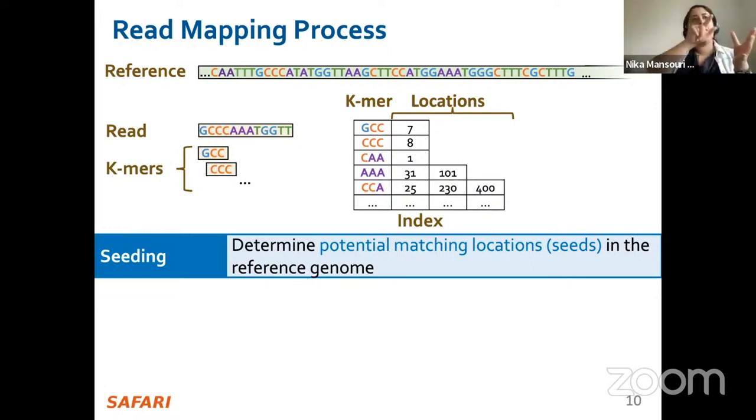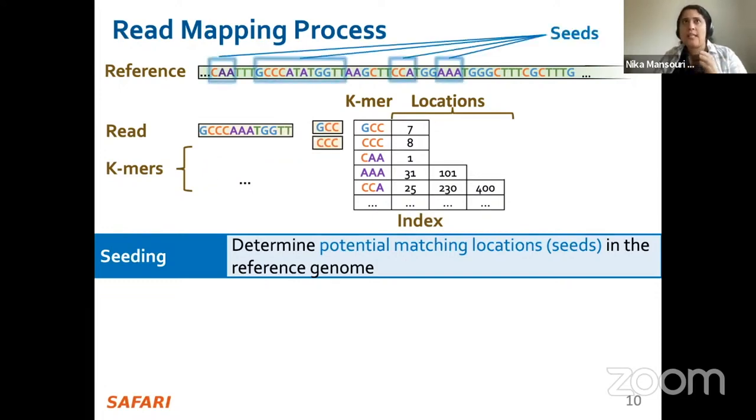K can be different numbers, let's say 15-mers or 19-mers. Here, for the sake of this example, I'm showing 3-mers. So we extract these K-mers and look up each of them inside the index. For the K-mers that hit in the index, we mark their locations in the reference genome as potential matching locations or seeds.